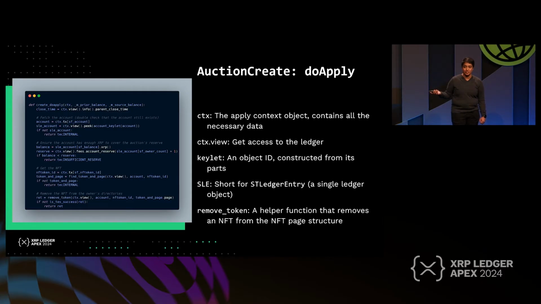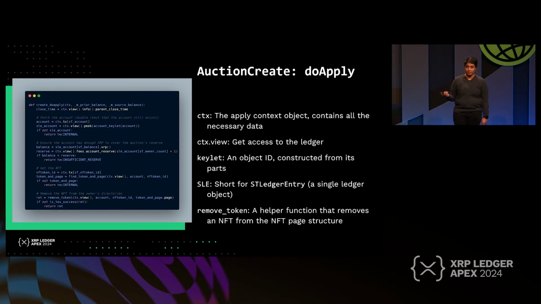If the account doesn't exist, we already checked previously that the account exists. So if it doesn't exist here, it's just a sanity check, but it means something really went wrong. So we're throwing an internal error there. And then we want to make sure that this account has enough object reserve to be creating this new object. If it doesn't, then we want to be throwing an insufficient reserve error.